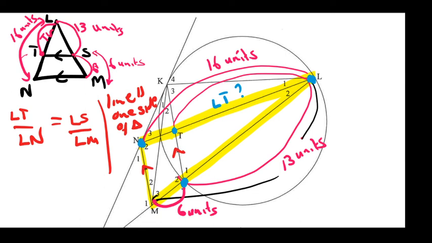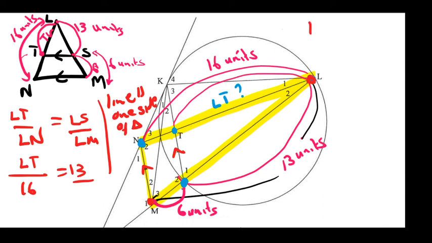So LT, what we are looking for, divided by LN, which we have as 16, is equal to LS, which is 13, all over LM, of which LM is just from this point all the way down.